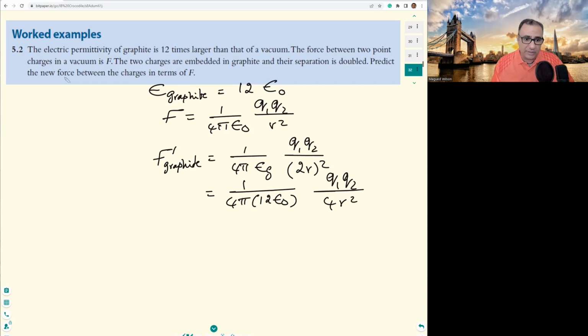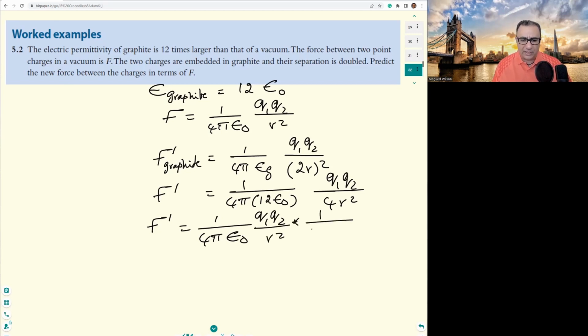So this is F prime, and we need to find it in terms of F. You can divide F prime over F, or I can rewrite this a little bit: bring 4 pi epsilon naught, Q1 Q2 over R squared to the side, and see what is left.